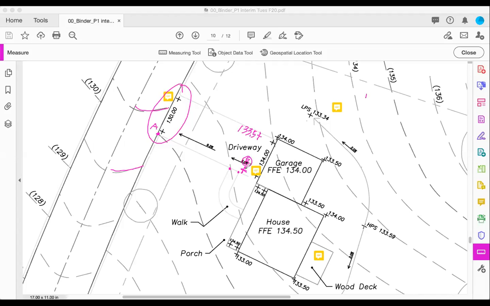Measure the distance between A and B and figure out the slope here. I know you had a 9.2%, but if this 9.2% is based on A being 130, then that's not correct. A should be based on interpolating between that one and that one. Okay, and then once you have a slope for the side, you can calculate those two spots. They should be different. This one should be higher and that one should be lower. It's determined by the driveway.